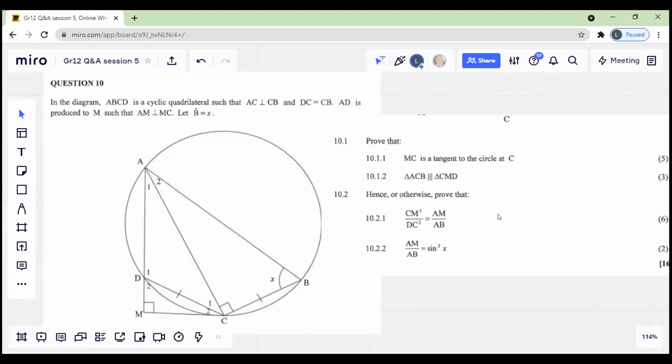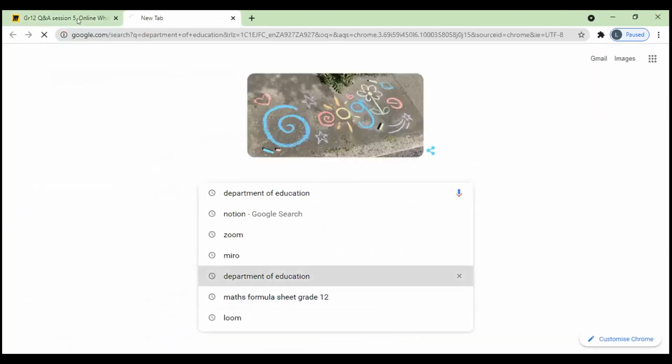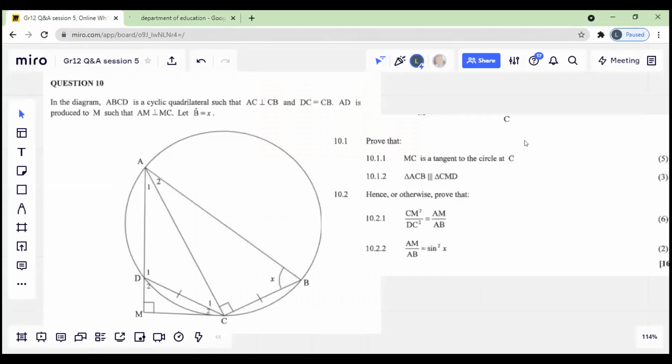How do we do that? Converse, yes. Converse what though? We have to show that the whole angle C is equal to angle B.